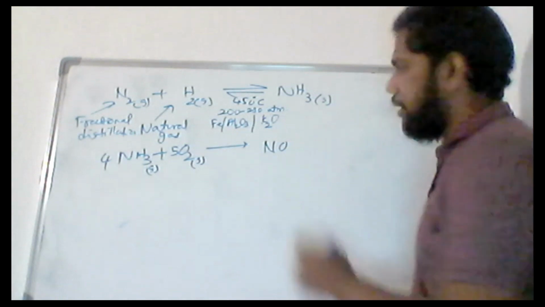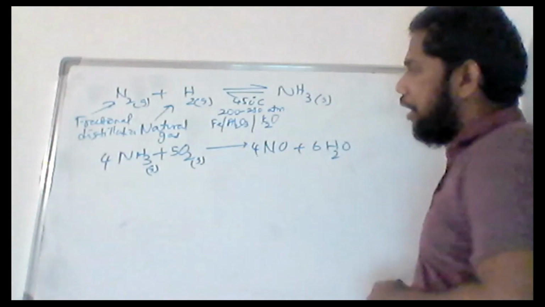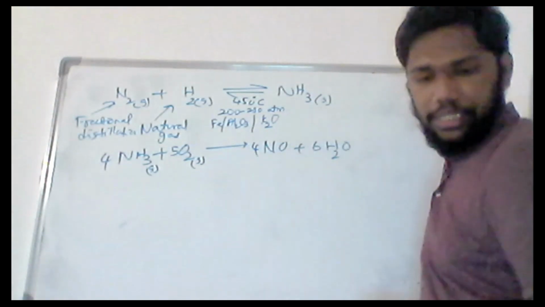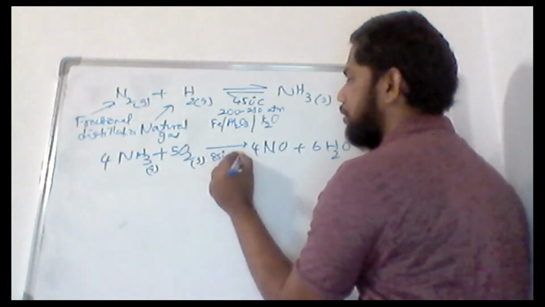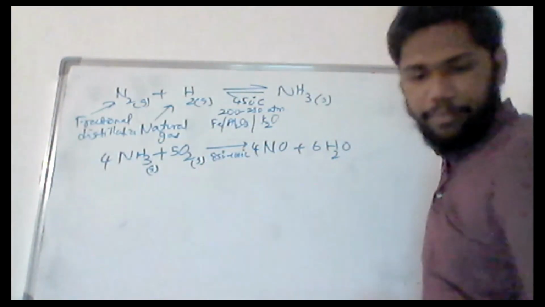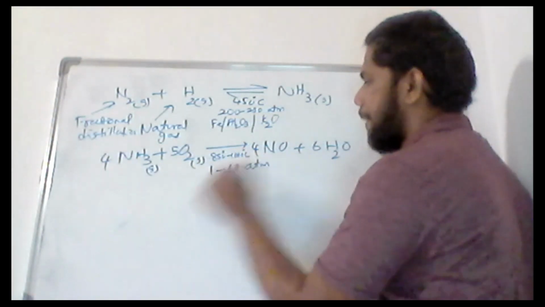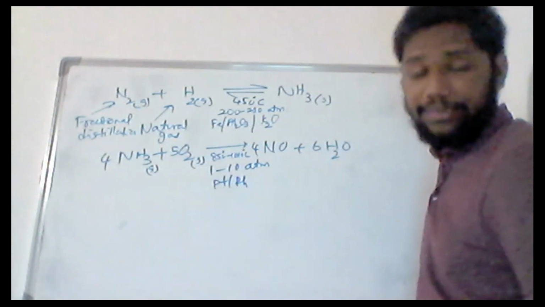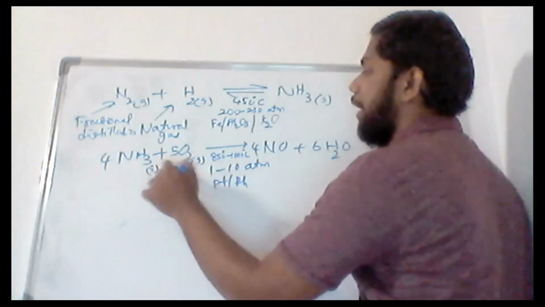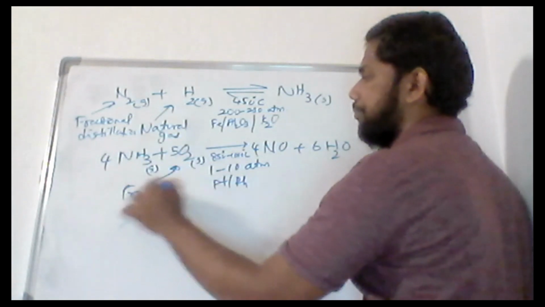And it will form 4NO and 6H2O in the balanced equation. The condition for this is 850 to 1000 degrees Celsius. That is the temperature. And pressure is 1 to 10 atm. And you can use either platinum or rhodium as the catalyst. And here again you can say O2 is from fractional distillation.